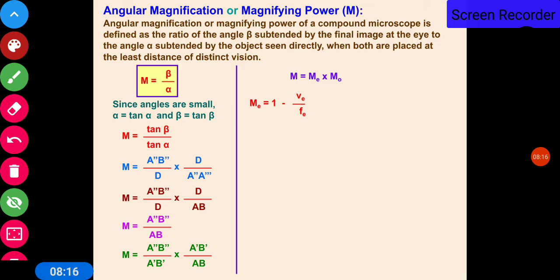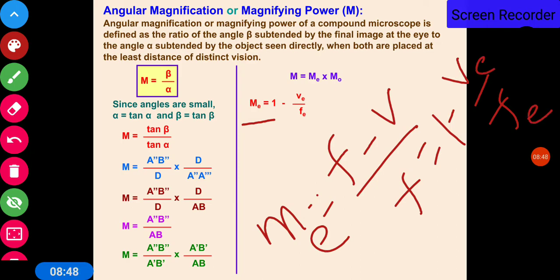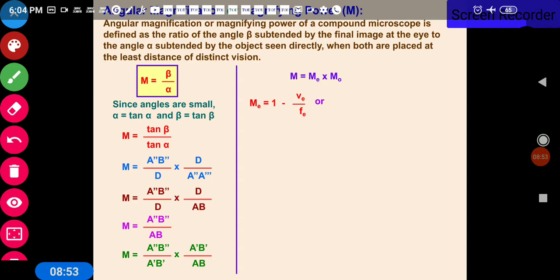In the second lecture, I told you about the linear magnification. Here we learned this formula that M is equal to (F minus V) upon F. This was the expression for the linear magnification, or this can be written as 1 minus V upon F. So using this expression for the eyepiece, ME is equal to 1 minus VE upon FE.